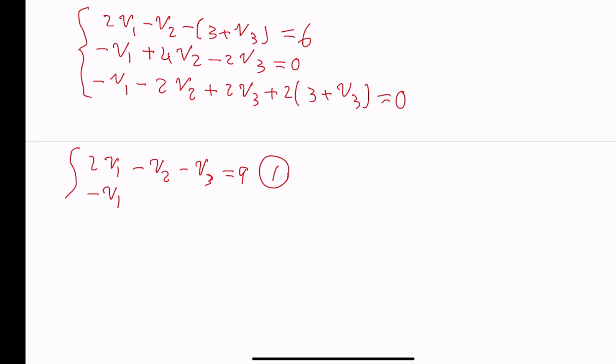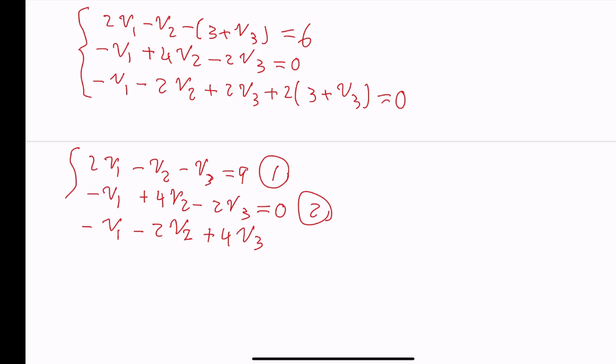Negative v1 plus 4v2 minus 2v3 equal to 0. Let's call this equation 2. And the last equation, we get negative v1 minus 2v2 plus 4v3 equal to negative 6. Call this equation 3.